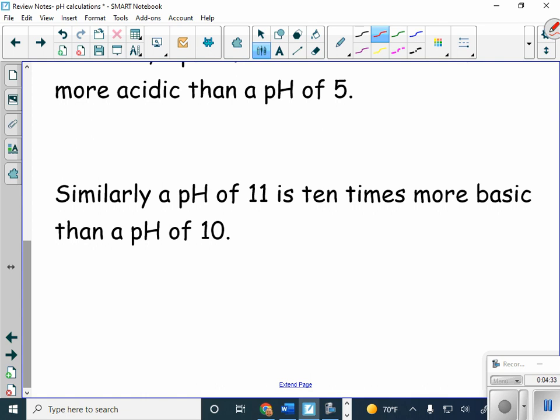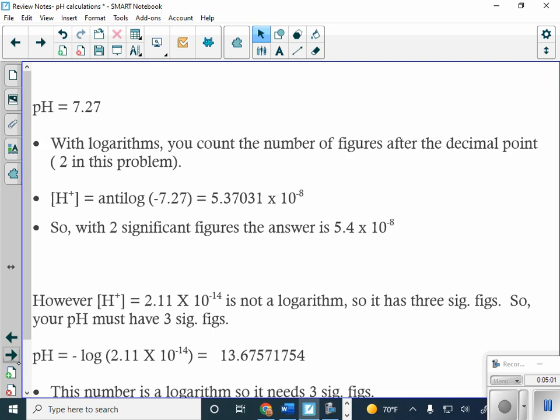A pH of 10 is 10 times less basic than a pH of 11. So 11 is 10 times more basic than 10. If I go from 10 to 12, 12 is 100 times more basic than 10. So that's the logarithmic scale, and it's built on the number 10.